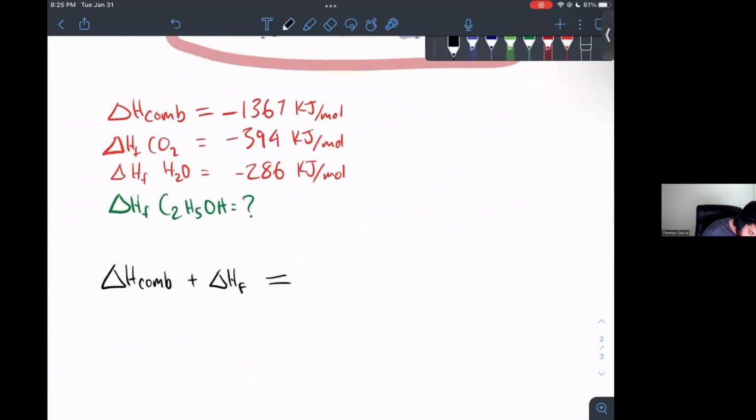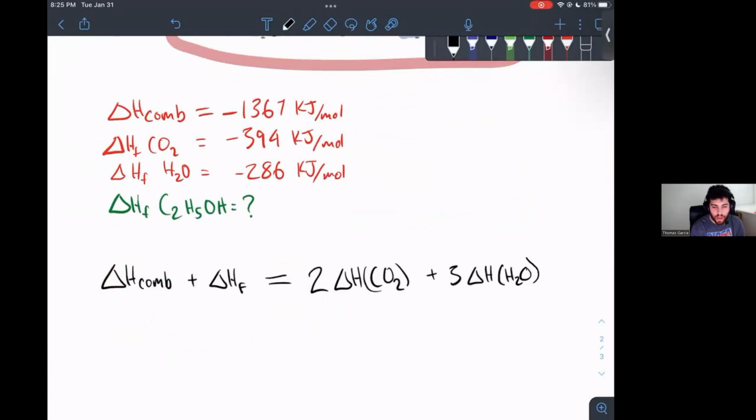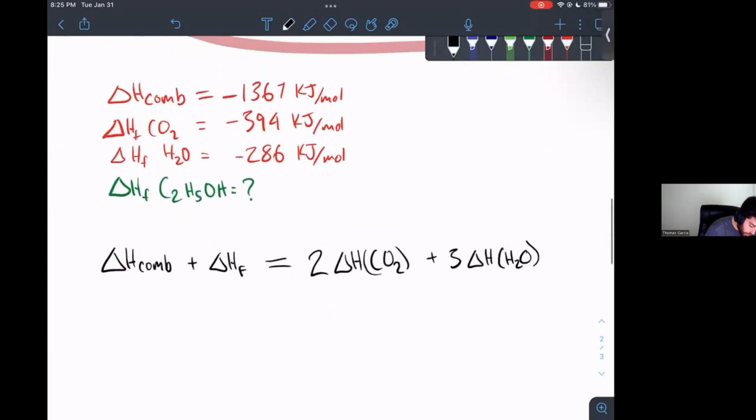So we can just add right here 2 delta H CO2 plus 3 delta H H2O. And with that, all we have to do now is solve by plugging in our various values.